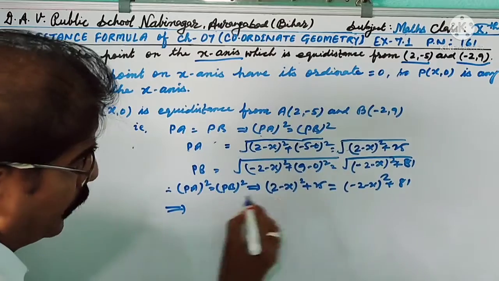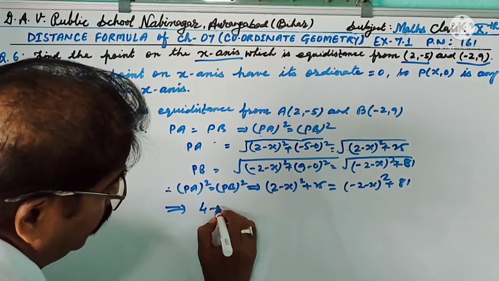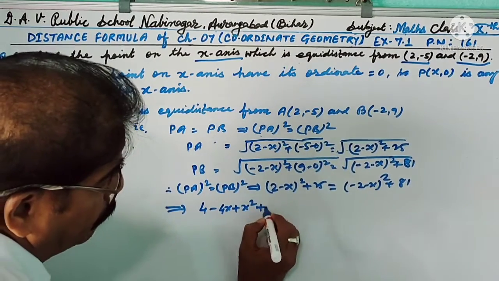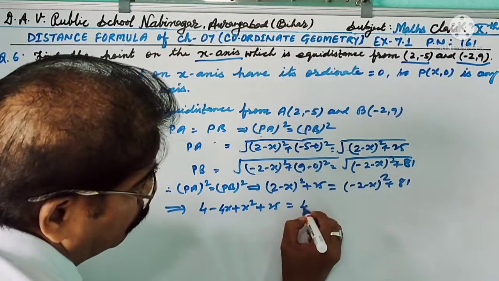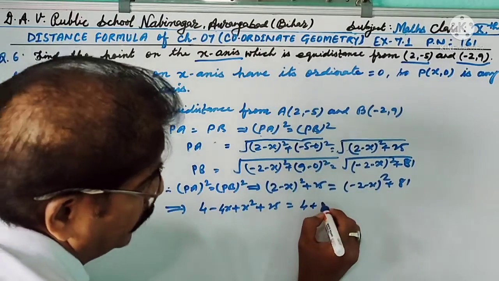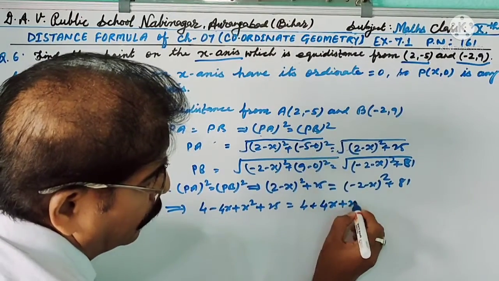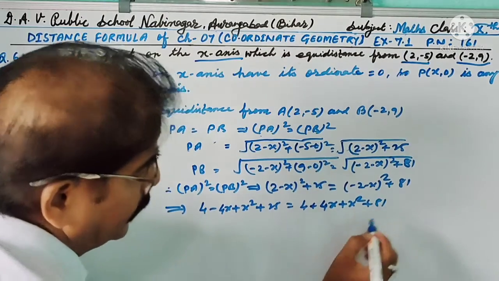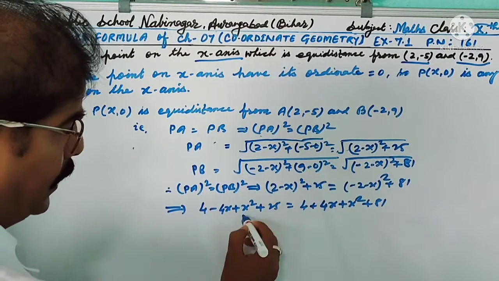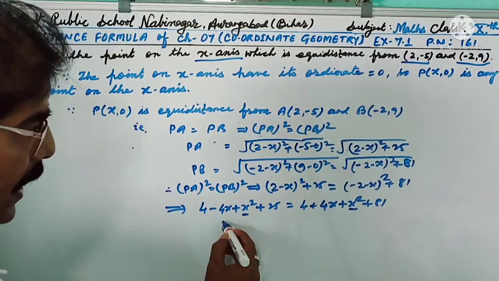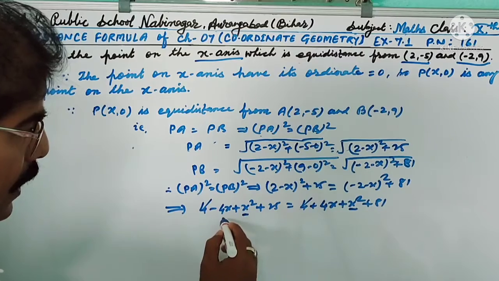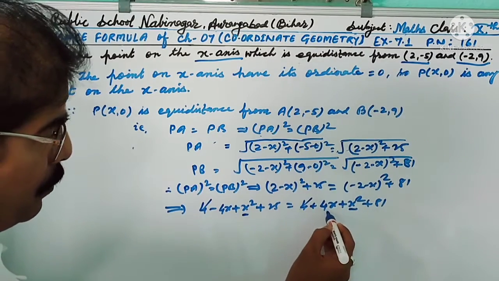Using (a minus b) square, 4 minus 4x plus x square plus 25 equal to 4 plus 4x plus x square plus 81. So x square cancels, x square cancels, and 4 cancels.